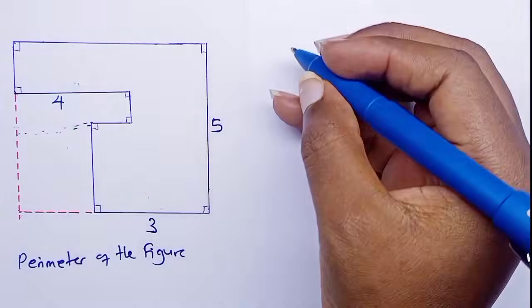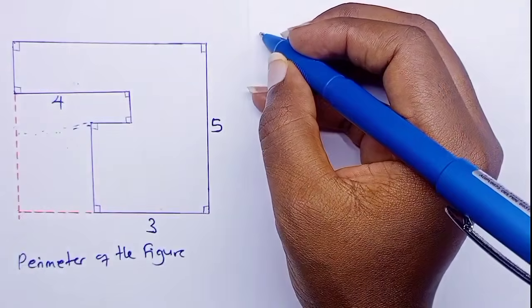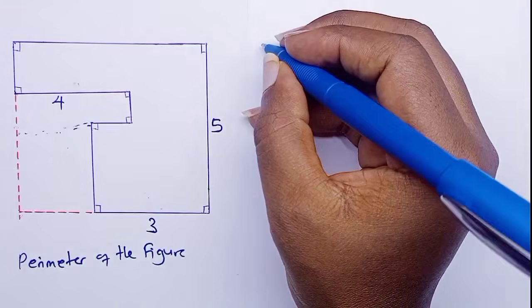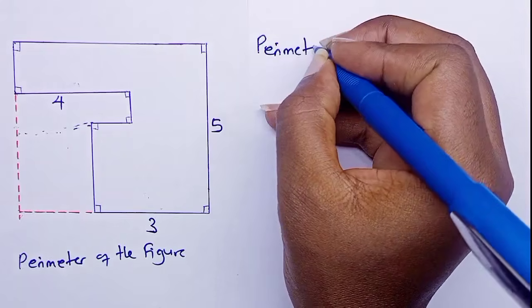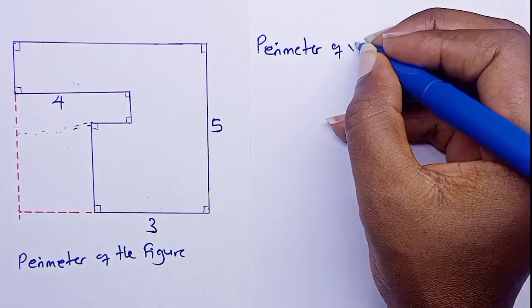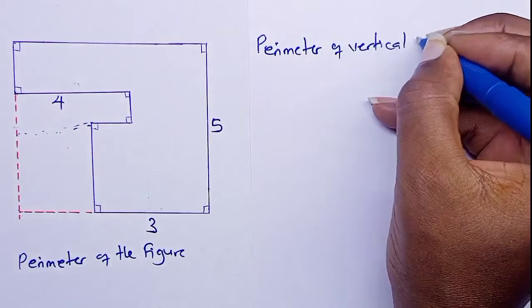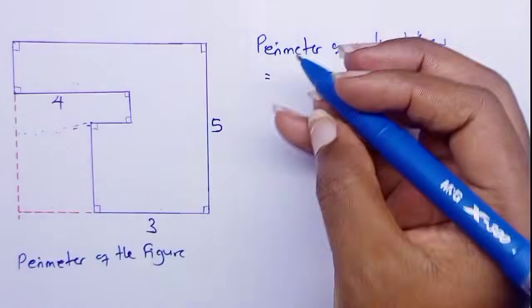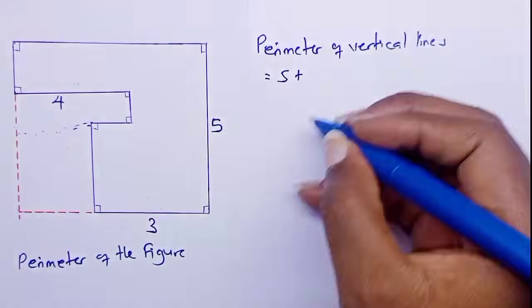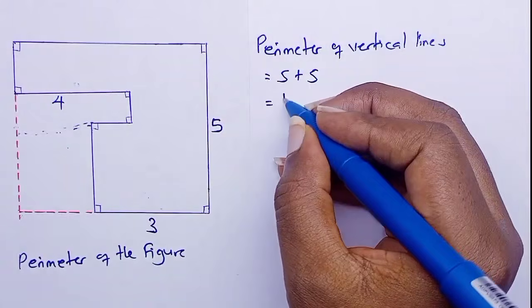So the total sum of vertical lines is equal to, this side is 5 and this side is 5, which gives us 10.